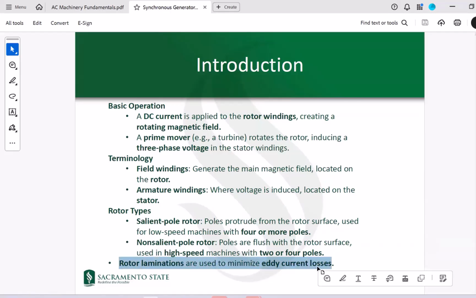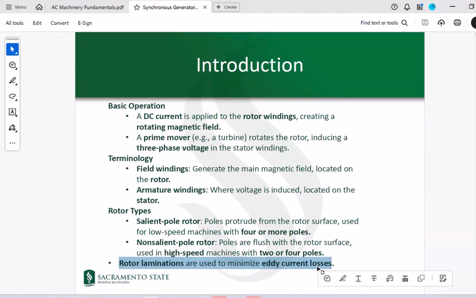So what was eddy current loss? The eddy current loss was associated with the induced voltages inside a magnetic core, which would result in some circulating currents because all magnetic materials are also conductors. So those induced voltages inside the magnetic materials would cause rotating currents to go inside the magnetic core.